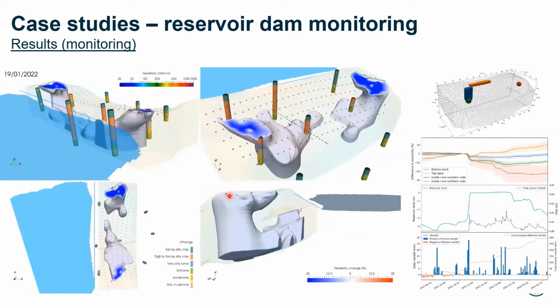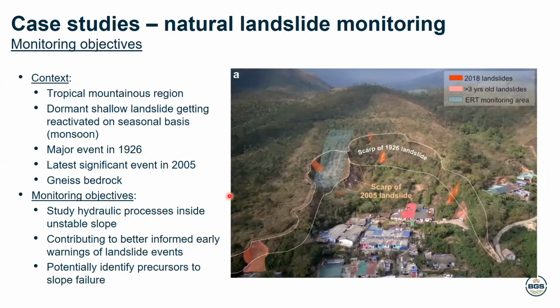Now we'll switch to another case study on a natural landslide. So here it's an example of a tropical mountainous region where we equipped a slope which is prone to landslide on a seasonal basis, mostly linked to the monsoon in this case.